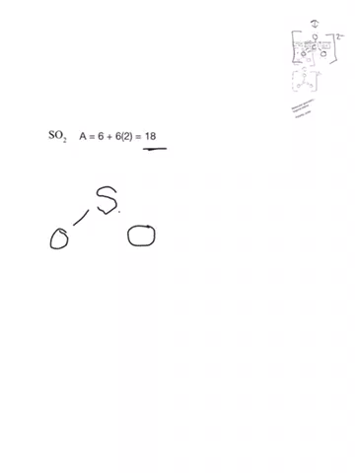I'm going to bond them, and then I'm going to fulfill the octet for all of the atoms, sulfur and the 2 oxygens. If I do that and I count up the number of electrons I have just drawn, I have drawn too many. 1, 2, 3, up to 20. So that lets me know I do need a double bond.